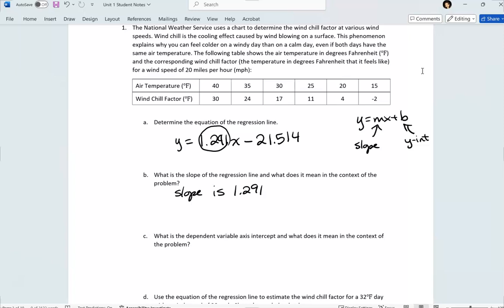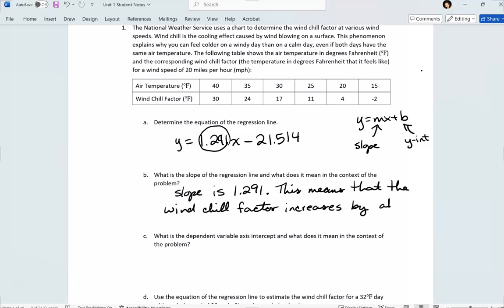In this problem, this means, so let me write this out for you, that the wind chill factor increases because it's positive by about 1.291 degrees Fahrenheit for every 1 degree Fahrenheit increase in air temperature.